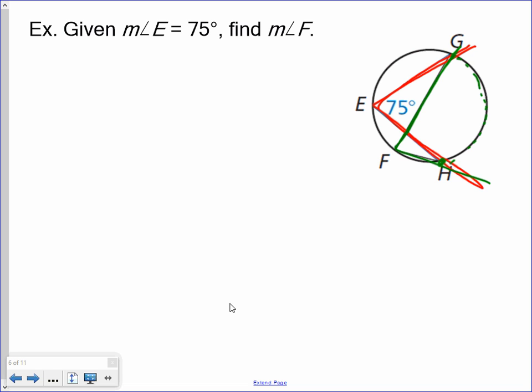So E is congruent to F, and therefore how big is angle F? 75 degrees, exactly equal to angle E. Question so far?